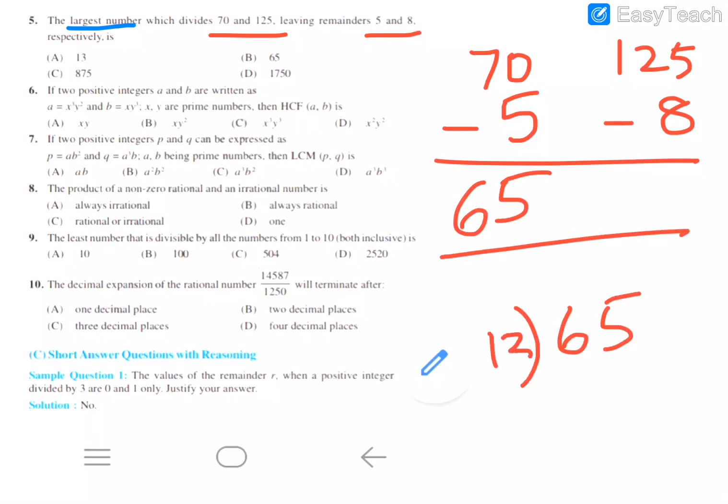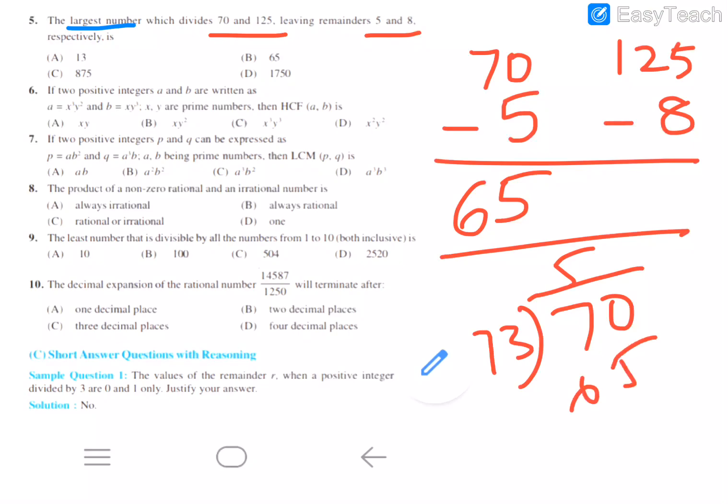For example, if you are dividing with 13, 13 fives are 65, then only it will leave the remainder 5. So since it is leaving remainder 5, we have to subtract. So 70 minus 5 is 65 and 125 minus 8 is 117.